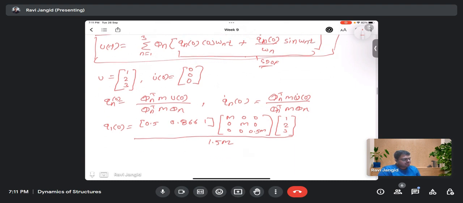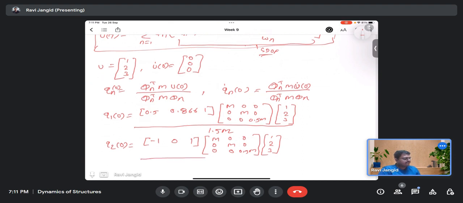So similarly, find out q20: minus 1, 0, 1, times m 0 m 0.5 m, times 1, 2, 3. That would also be the same 1.5 m.